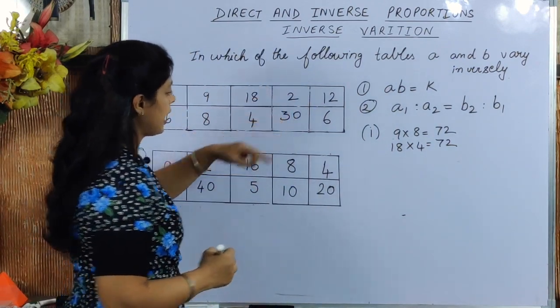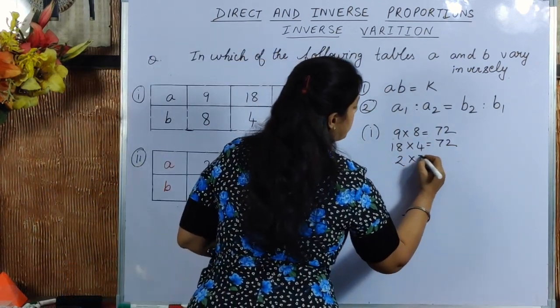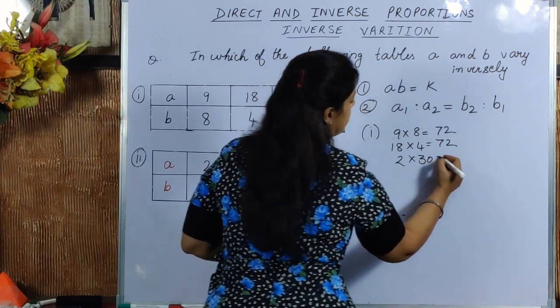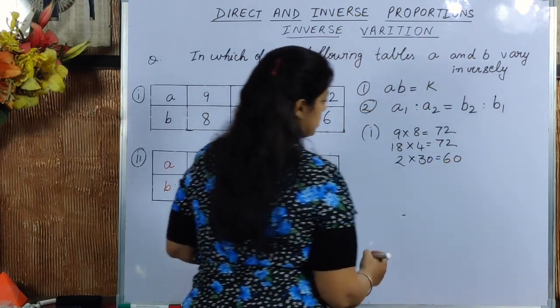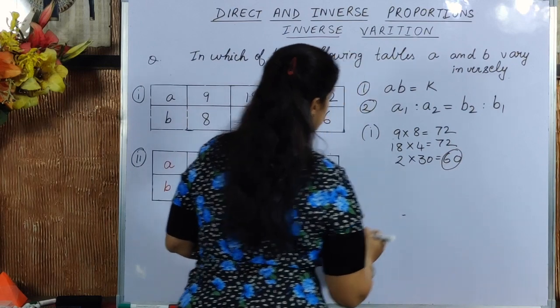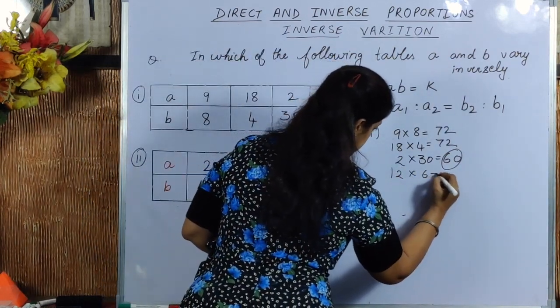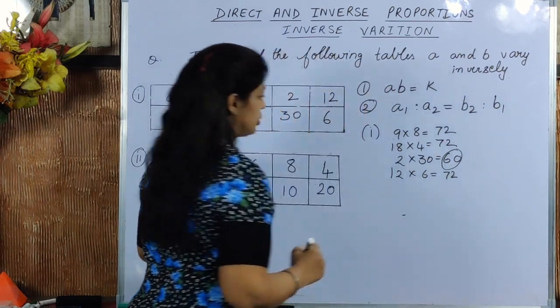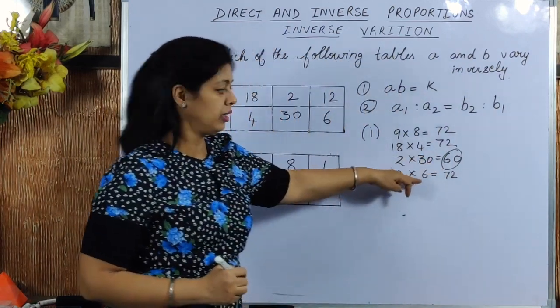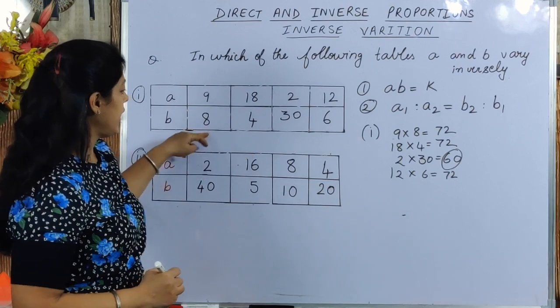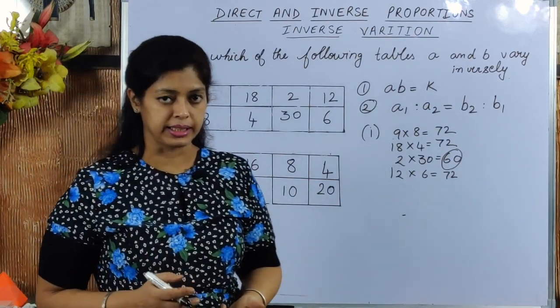In the third case, I have 2 multiplied by 30, A is 2 and B is 30, which gives 60. Now 60 is not equal to 72. And the fourth case is also 12 into 6, which is 72. So since one of the values is not equal to the others, I can say that A and B do not vary inversely in this case.